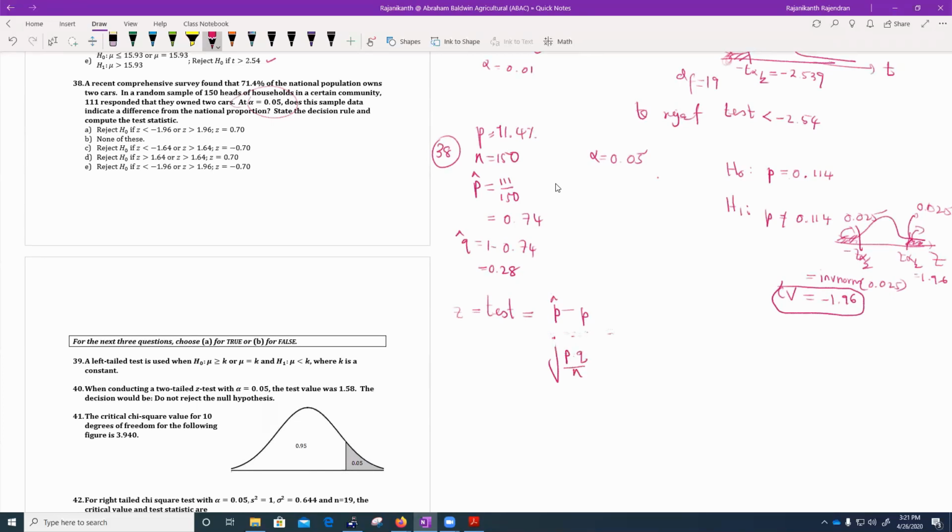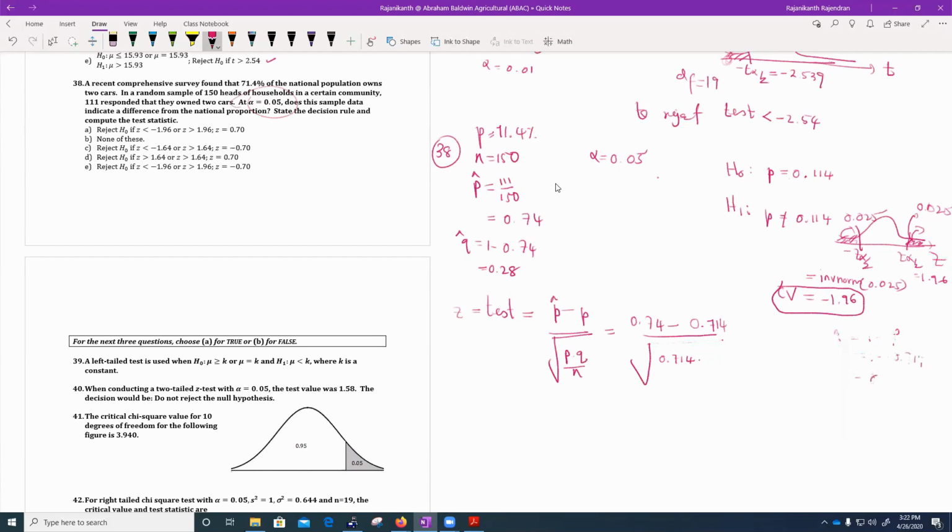Okay, so what is that? That is the p hat we have, which is 0.74, minus little p, that is my null hypothesis value, 0.714, over square root little p again 0.714. Oh, I need to know the little q. So little q is 1 minus little p, the population proportion, which is 0.714.